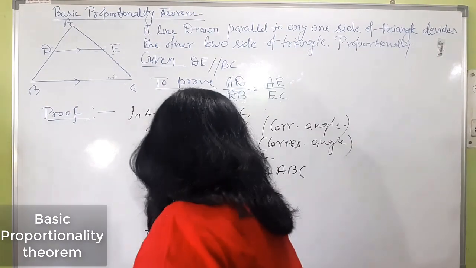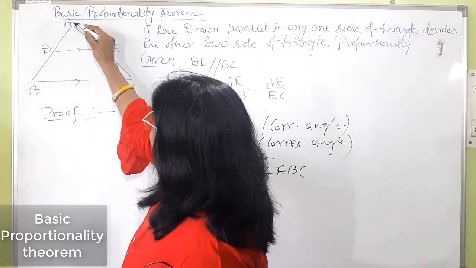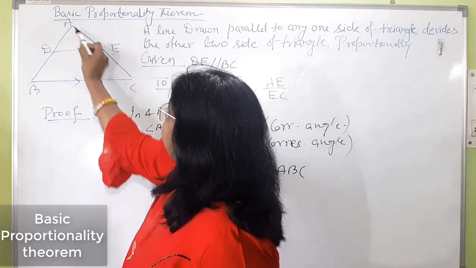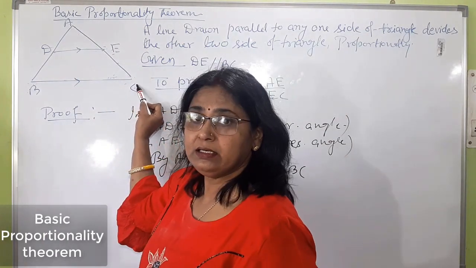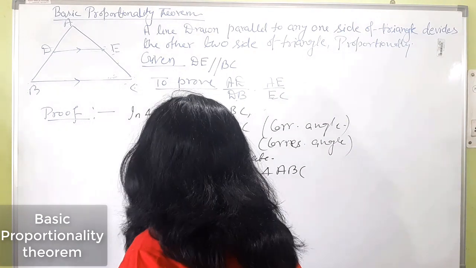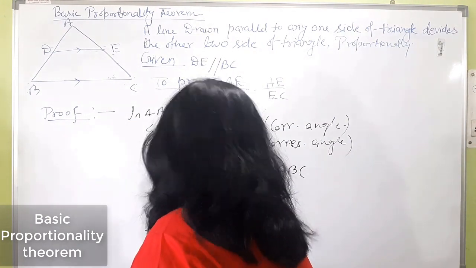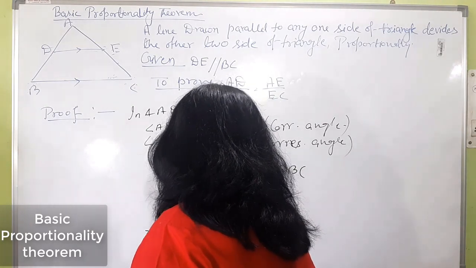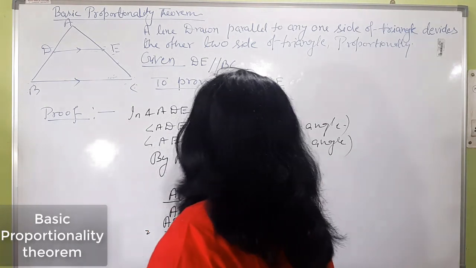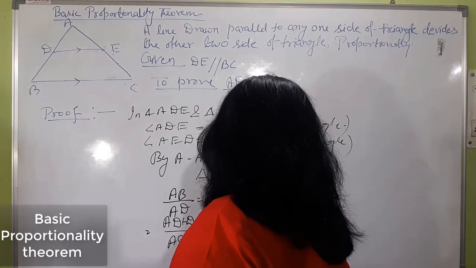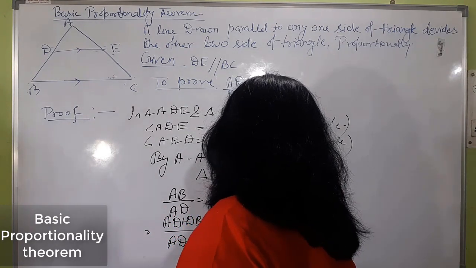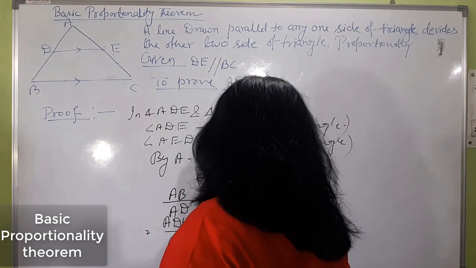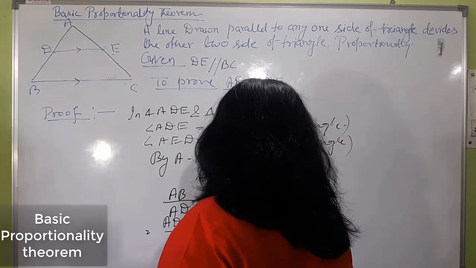Now AB is equal to AD plus DB and AC is equal to AE plus EC. So I am writing here AB, that is AD plus DB, by AD is equal to AC, that is AE plus EC, by AE.